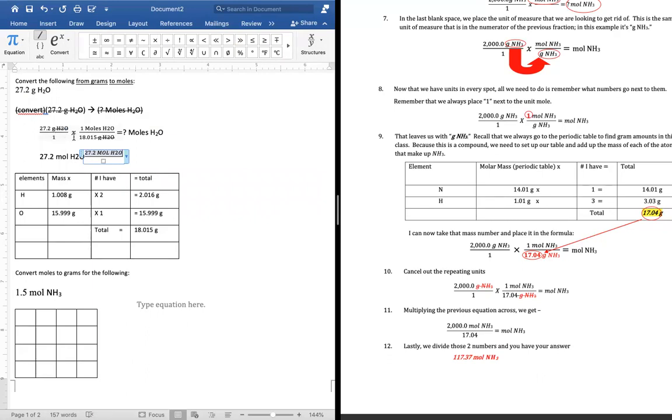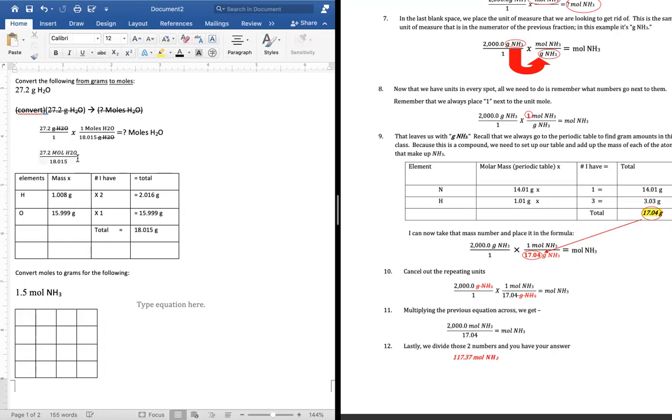And on the bottom, I do 1 times 18.015. And I've canceled that unit out, so that's it. Get rid of this so it's not confusing. And then that's going to be equal to moles of H2O. So now we just divide.